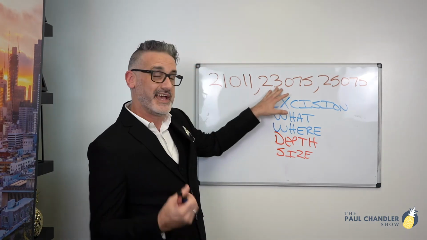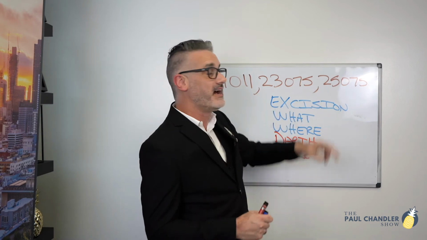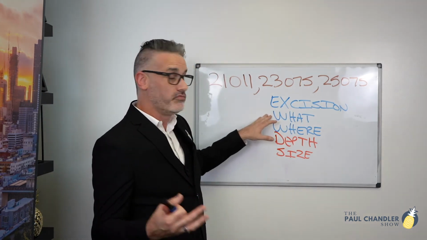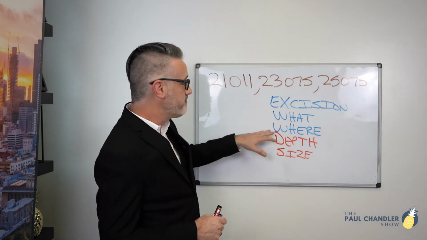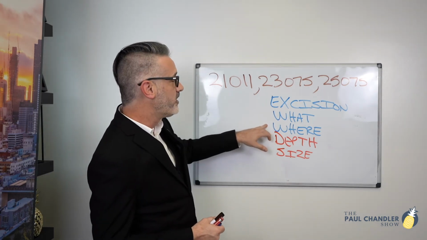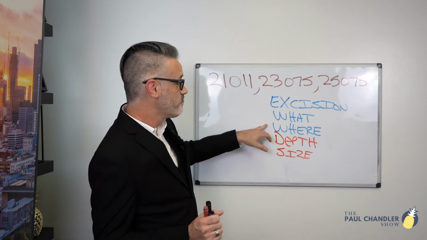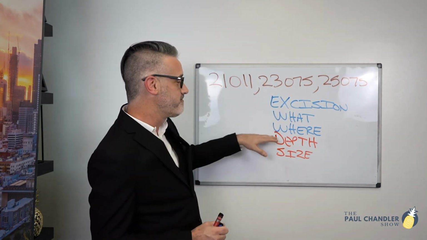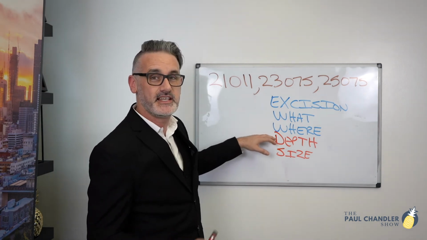And then we can also add into the mixture to compare 25,075. Excision, comma, tumor, what are we cutting out? A tumor. In this case, the where is the forearm and/or wrist area. So the where is different because of different locations in the musculoskeletal system. The depth is still subcutaneous, that's the same.